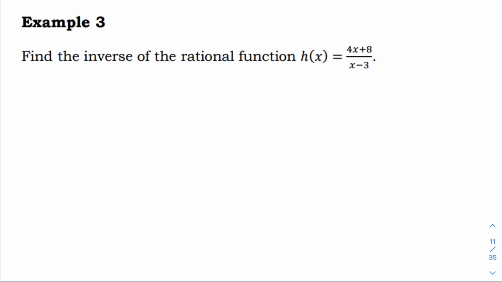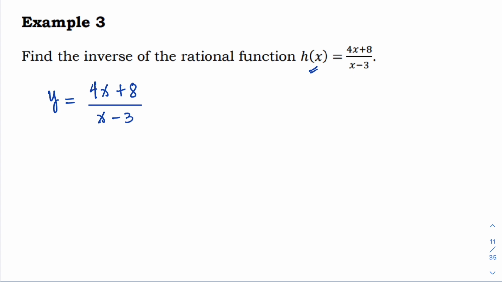Find the inverse of the rational function h of x equals 4x plus 8 over x minus 3. Okay, so try natin guys. So, dito, ang first move natin is palitan natin si h of x ng y. So, meron tayong equation na y equals 4x plus 8 all over x minus 3.